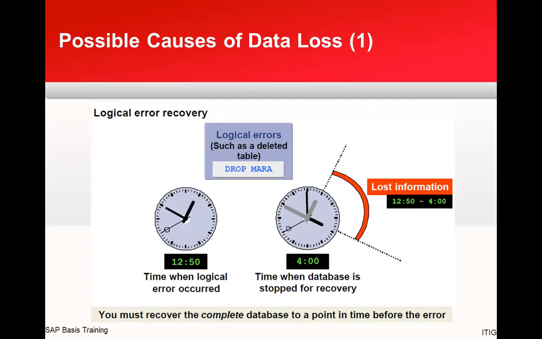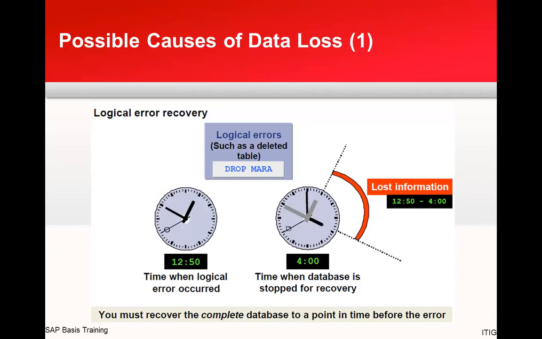Let's get into the possible causes of data loss. There could be logical errors, like a table is deleted or a table is corrupted. You note the time at which the error happened, and the time when the database is stopped for recovery.